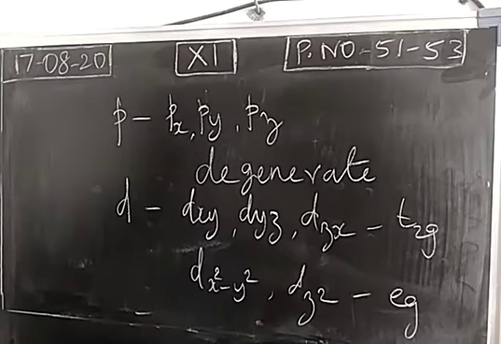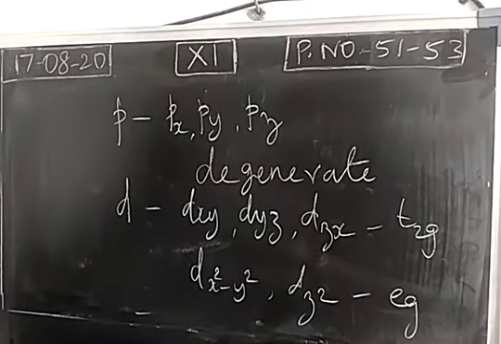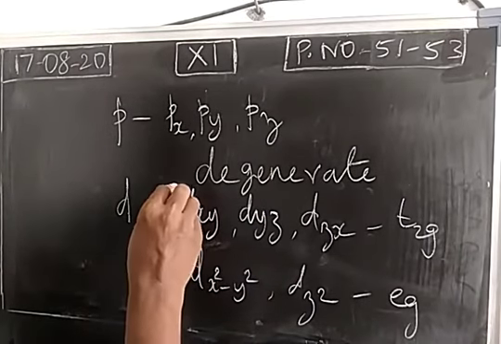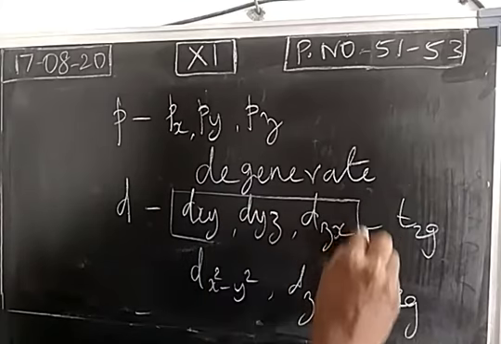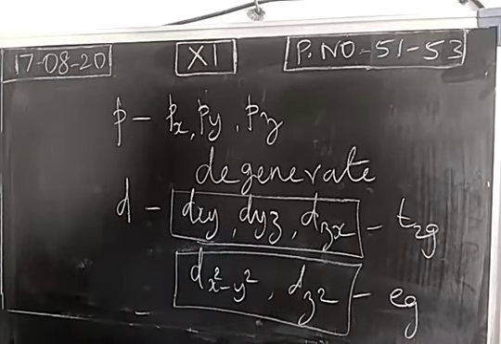So in the absence of a magnetic field or electric field, these are all degenerate. Energy will be equal. In the presence of a field, energy will be different. So these won't be degenerate orbitals. So in the presence of a field, the d orbital will be split in this way. So this is triply degenerate, this is doubly degenerate. Okay.